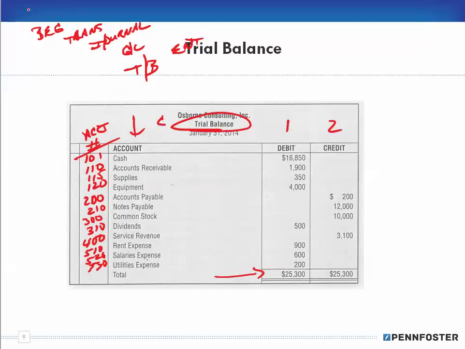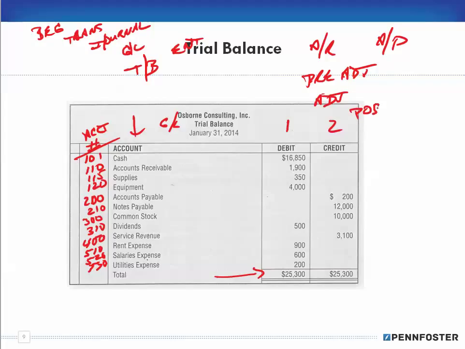I would have a tendency to write general ledger trial balance, because a trial balance can be used also for accounts receivable, accounts payable, and as you'll see when you're going through the closing process, we're going to have a pre-adjusted, an adjusted, and a post-closing trial balance also.